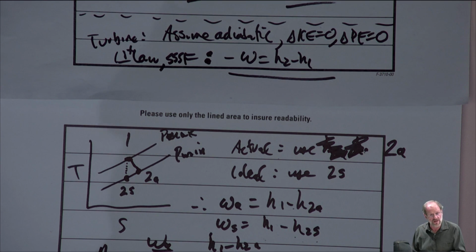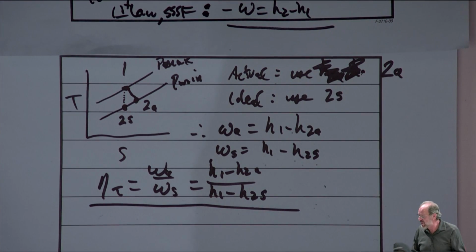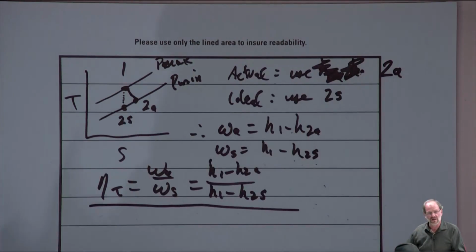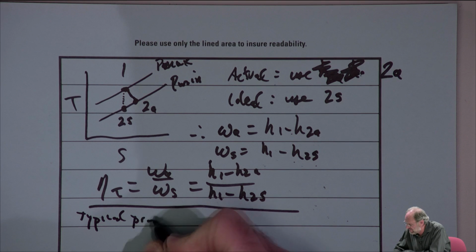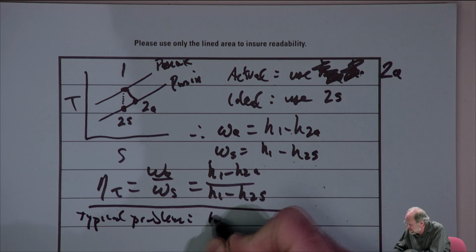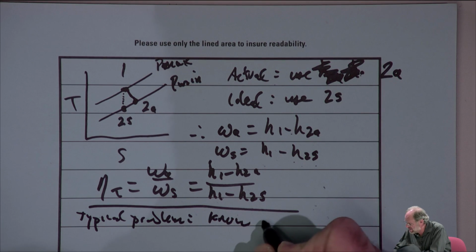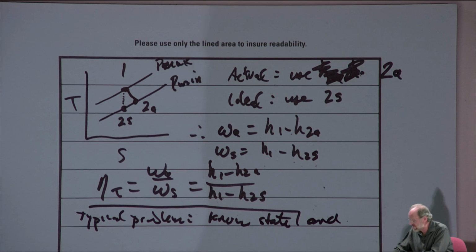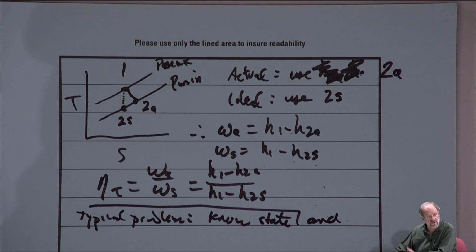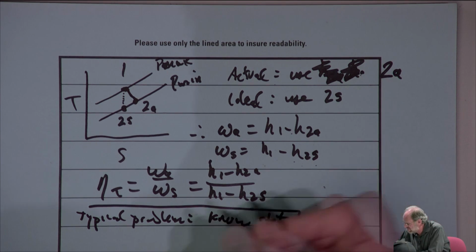Now, what would be the general method of solution? What would be a typical problem? In a typical problem, we're going to know state 1, and we're going to know one property, usually the pressure at state 2.